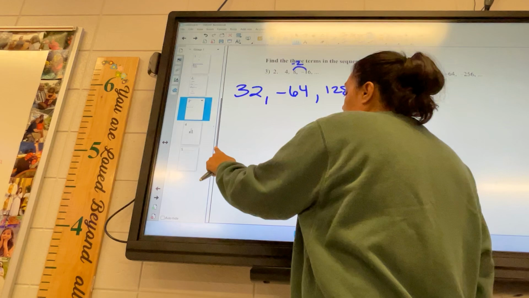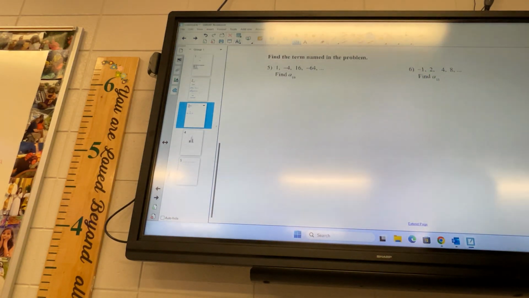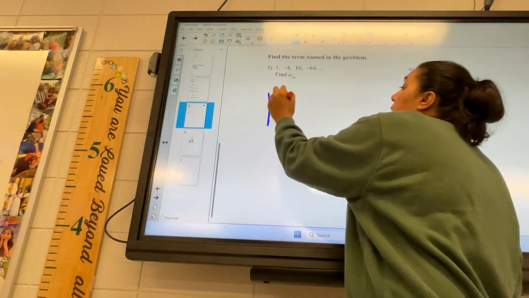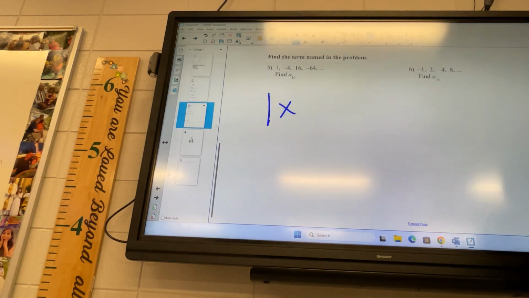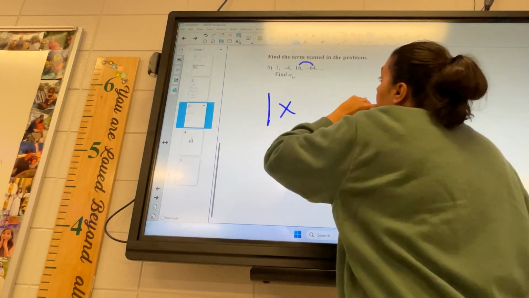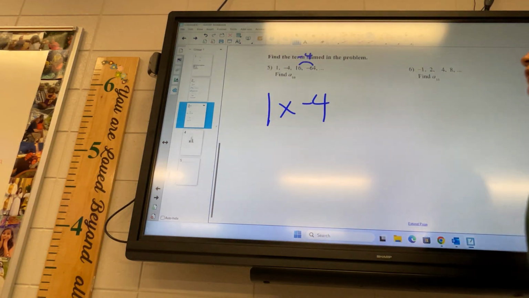And then number 5 it says find the term named. Okay, what number do we start with? 1. We start with 1, the first one listed. So 1 times, then what comes? Then what comes after the 1? The ratio, okay? So -64 divided by 16? -4. Okay, so we got -4 to the what?